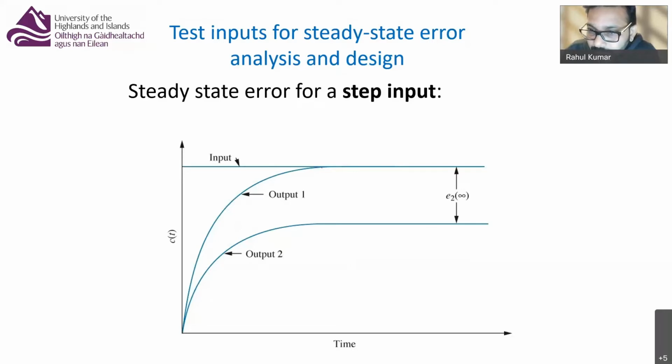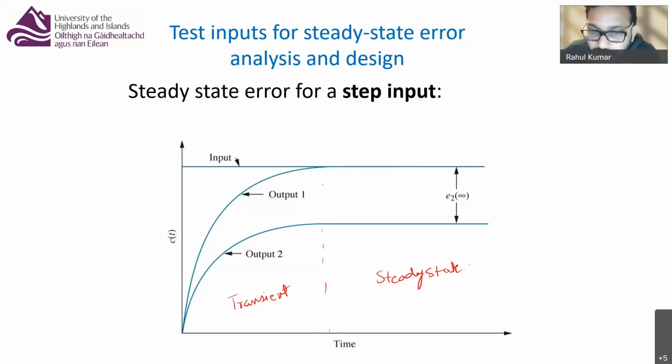Okay. So until this point, my system is in transient, and then I will have steady state. After this transient part, in the steady state part, my output is equal to the input. That means there is no error, or no steady state error.